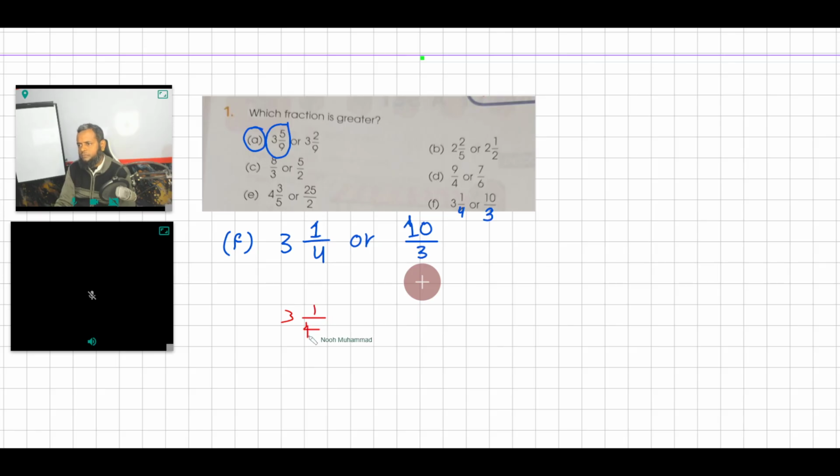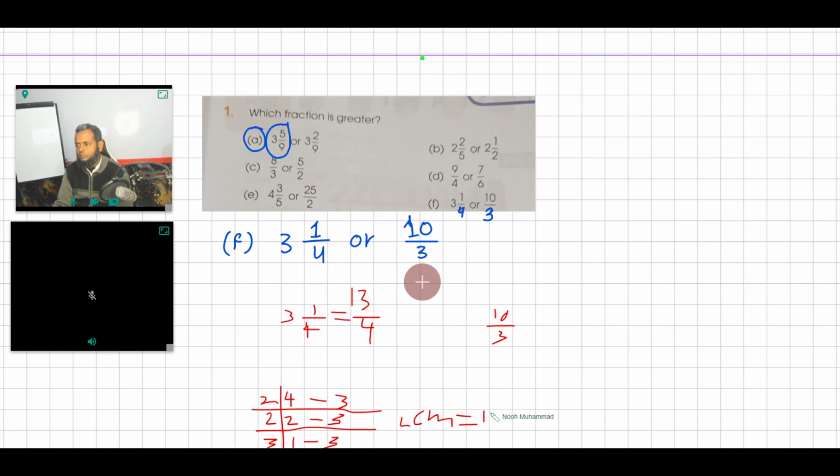Good, great. Okay, LCM is equal to 12. Now you should complete it, okay?